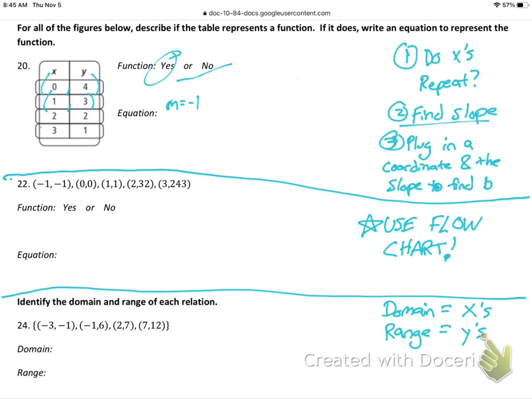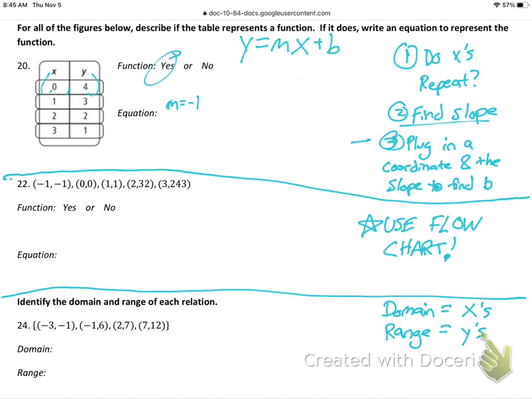So then after we found the slope, we need to plug in a coordinate and the slope to find b, because this is our equation here. That's our equation. So I'm going to take just the very first point, or the very first set of coordinates, and that's going to be 0, 4.